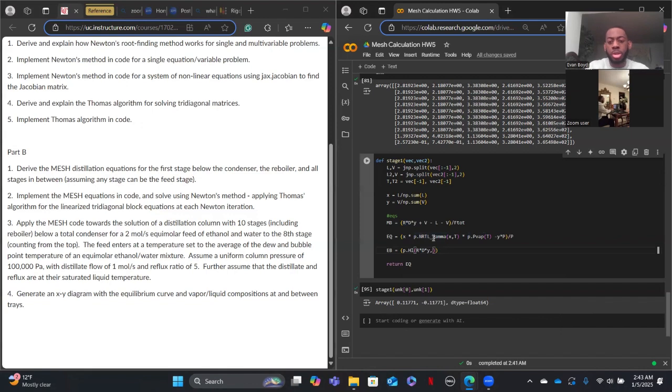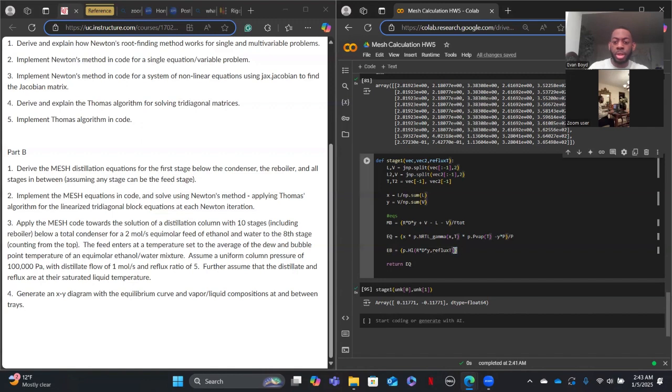And then we also have to add our reflux temperature, and this reflux temperature will be for this variable here, for the reflux coming down from the condenser.